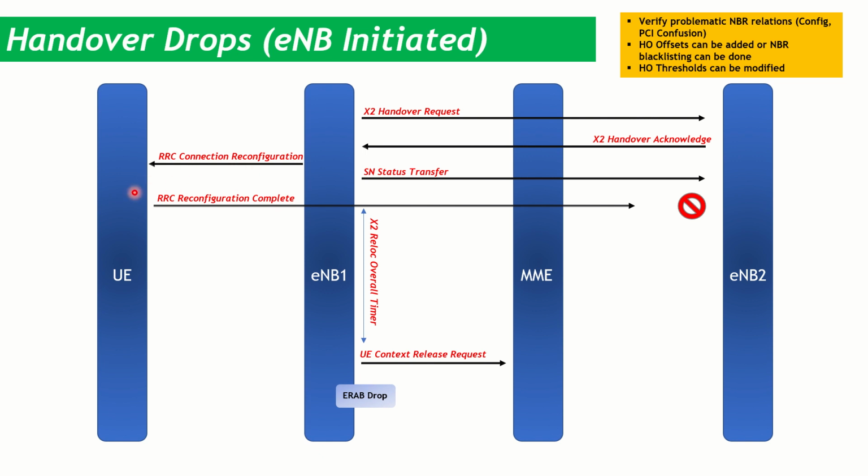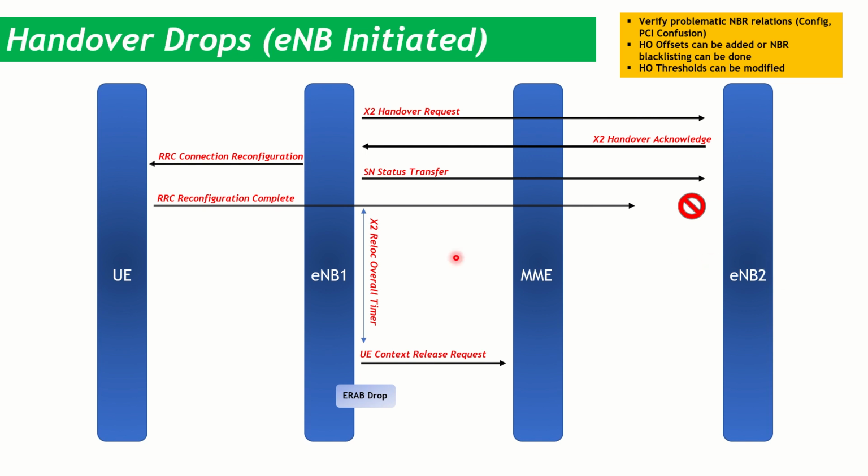So it means the UE already had met the target RSRP threshold. That means the UE was within the eNode B2's coverage. So it is in the execution phase, so it can be because of issues on the eNode B2. It can be because of cell range issues. Let's say eNode B2 has a very low cell radius, for instance. It can happen if eNode B2 has lots of signal fluctuation.